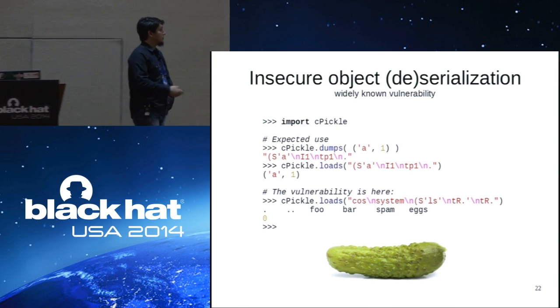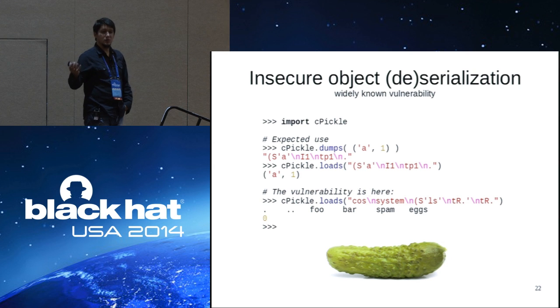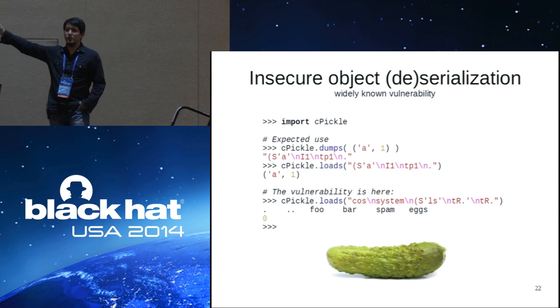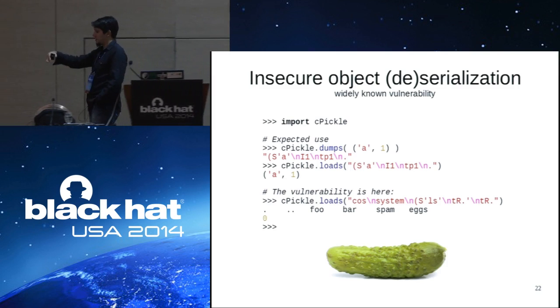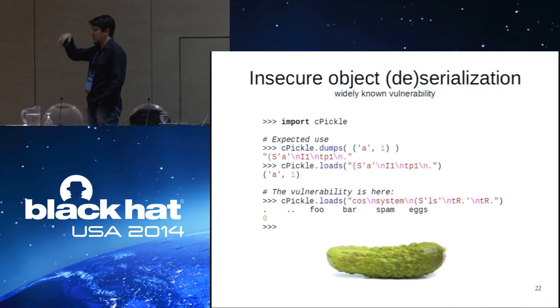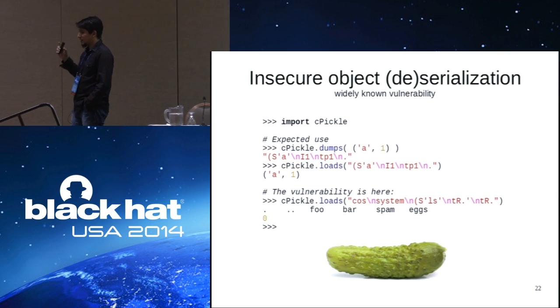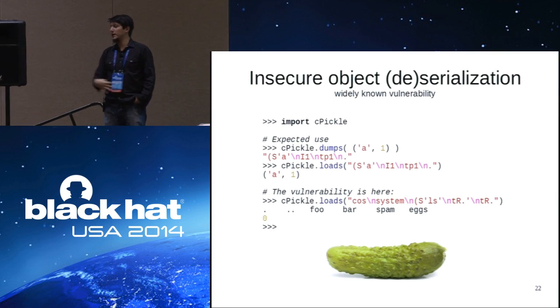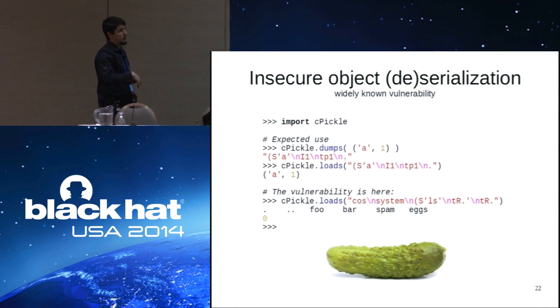This is how Pickle works in Python. Pickle is a way of serializing objects. You take an arbitrary Python object, you go through Pickle, and you get a string. And then you can take that string, go through Pickle again, and you get the same object, or almost the same object.